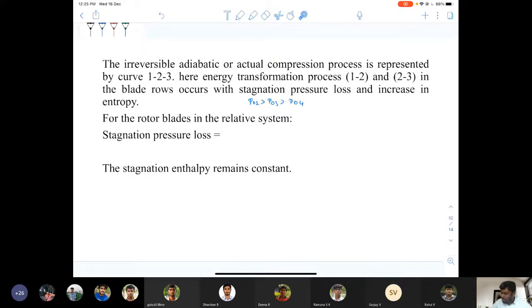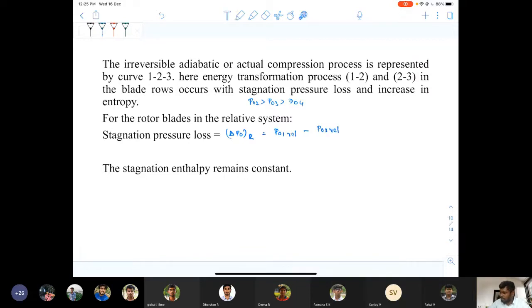Now, for a rotor blade in a relative system, you can write the stagnation pressure loss. The stagnation pressure loss will be equal to delta P0 of R, which is P01 relative minus P02 relative.